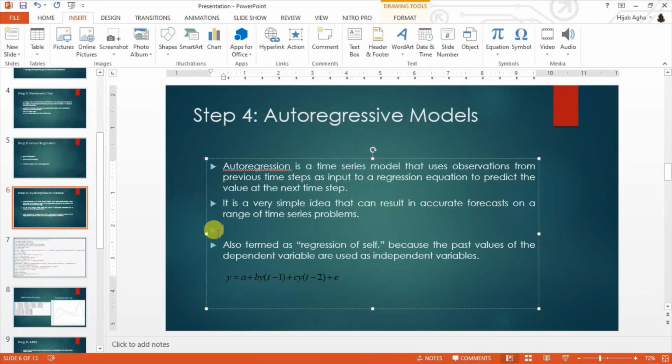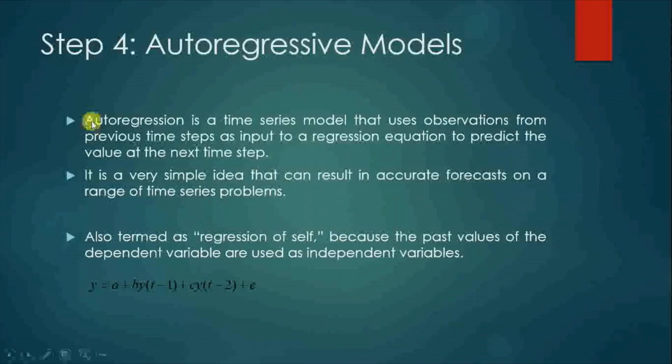After seeing how linear regression works on Python, we then move to autoregressive models. Autoregression is a time series model that uses observations from previous time steps as input into a regression equation to predict the value at the next time step. It is a very simple idea that can result in accurate forecasts on a range of time series problems.